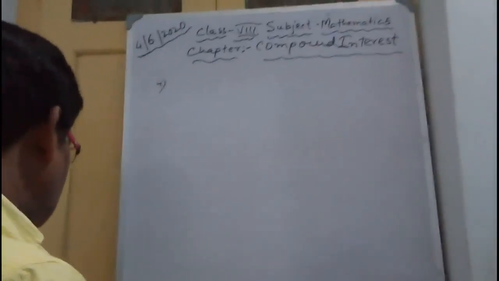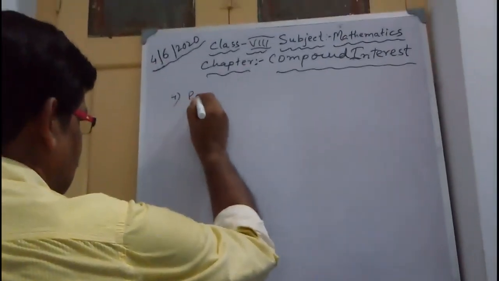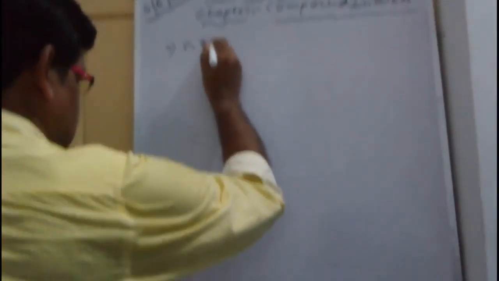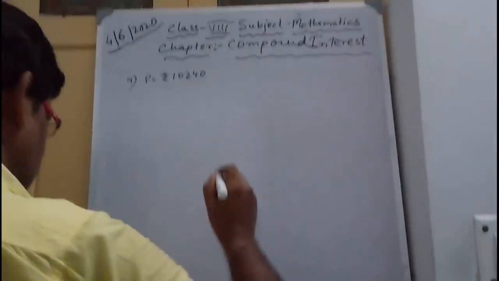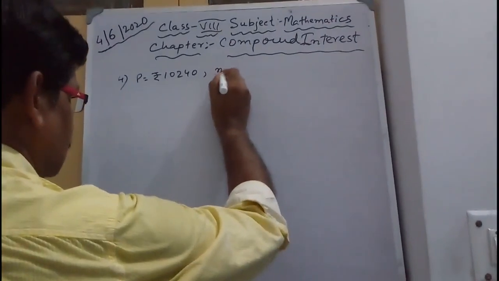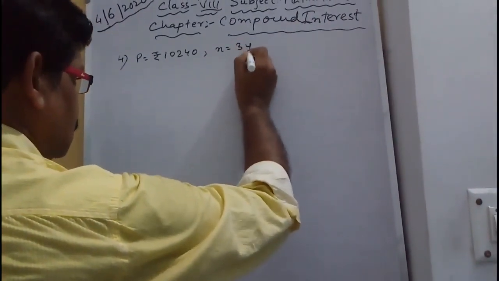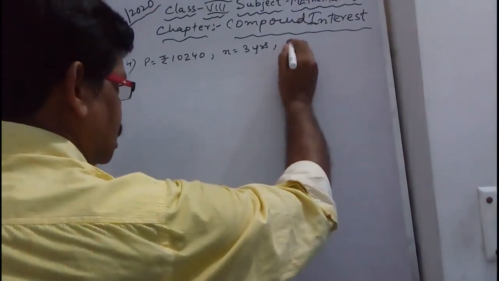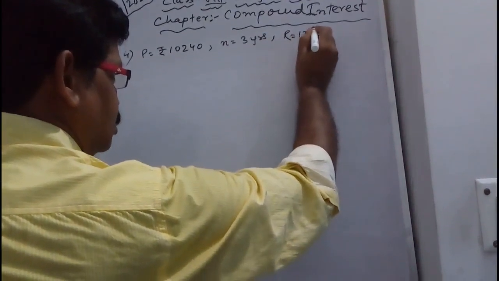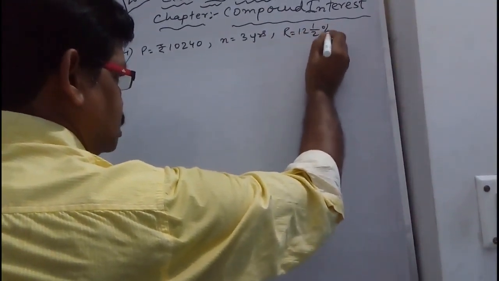Sum number 4. P equal to rupees 10240, n equal to 3 years, R equal to 12 1 by 2%.